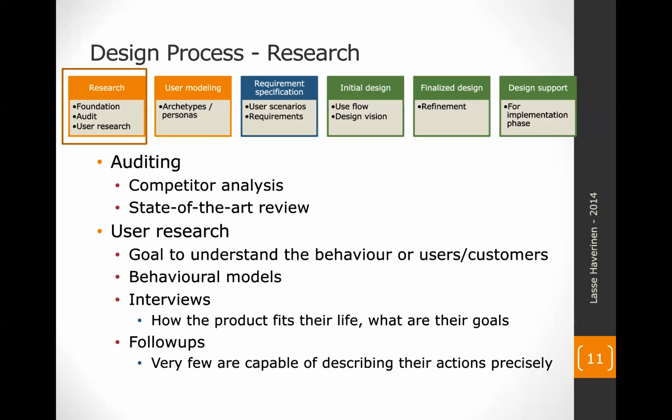For example, if you are creating some kind of application to improve some logistics process in a warehouse, obviously this is a process which is going on now and your product aims to improve it. So you should discuss with the people who are working there in the warehouse now and see how they are working now. Observe them.